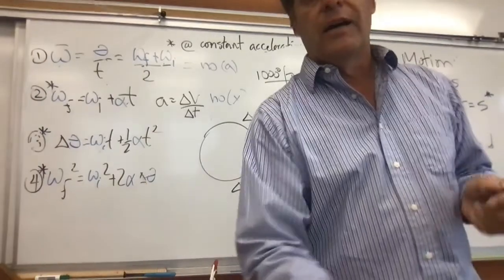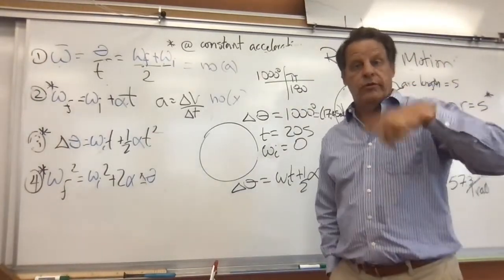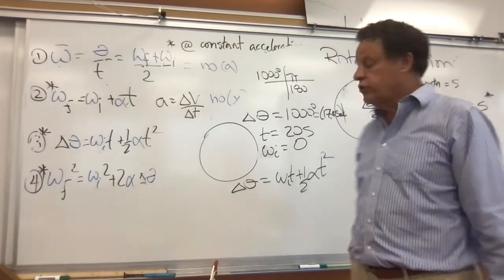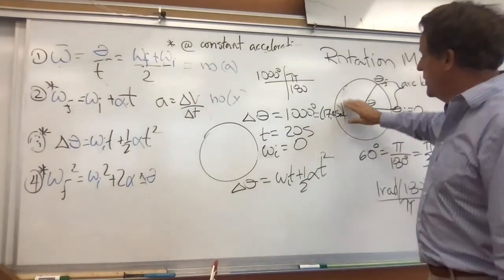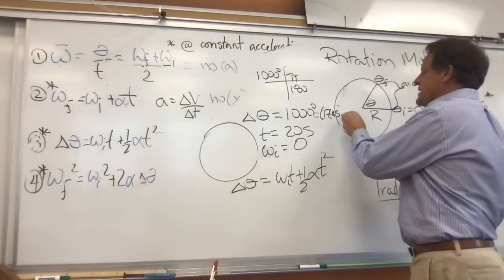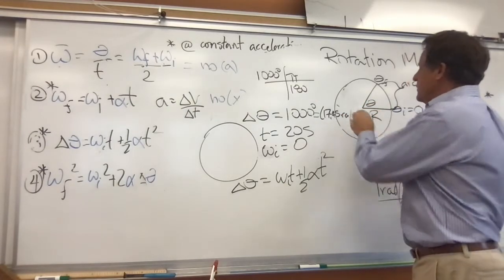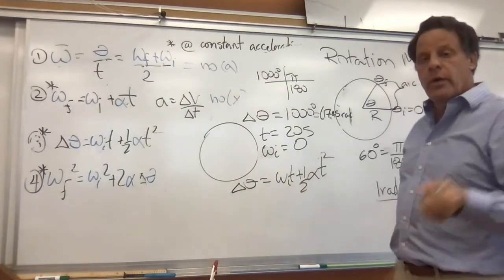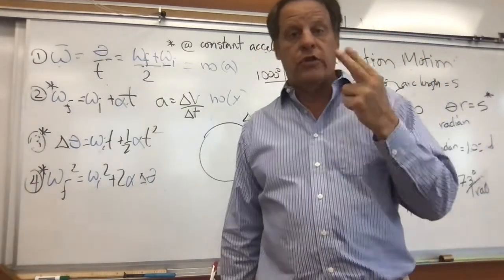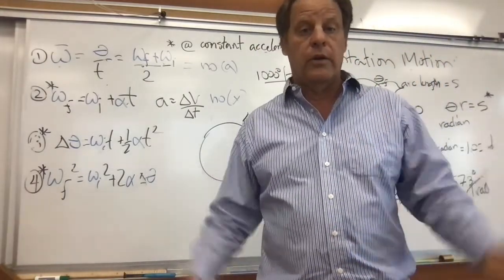That's going to be about 2 3/4 revolutions. A lot of times we'll be talking about radians, and sometimes we'll talk about revolutions. And you know that for 1 revolution, there are 2 pi radians, or 360 degrees.